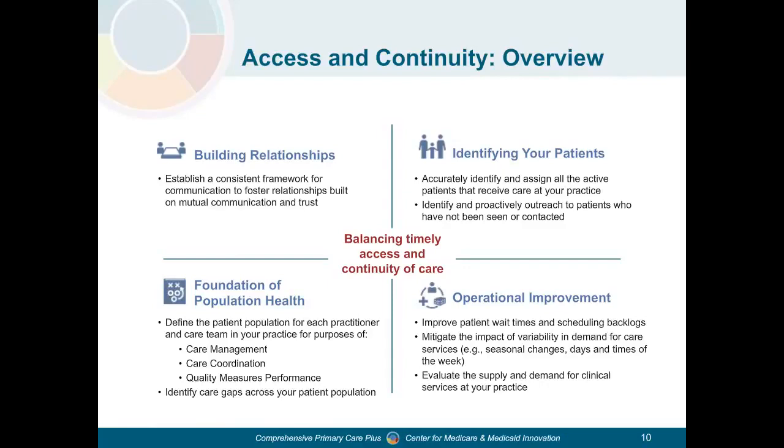You'll find that you have a much more accurate understanding of who is and who is not a patient of your practice. You should see some fairly substantive opportunities to improve operations and patient flow at your practice. And finally, you really will be establishing the very basis for all future population health work that your care teams will be taking forward through CPC+.